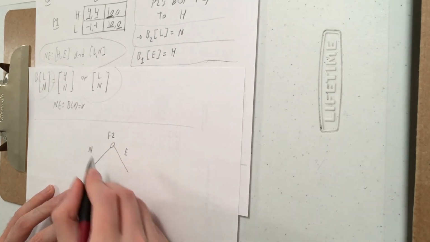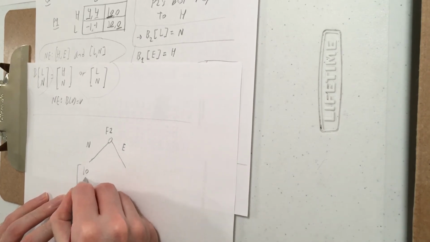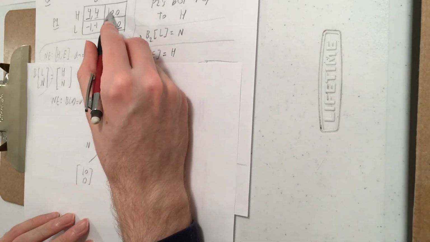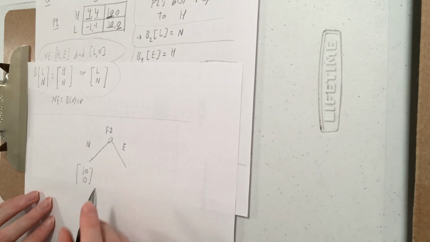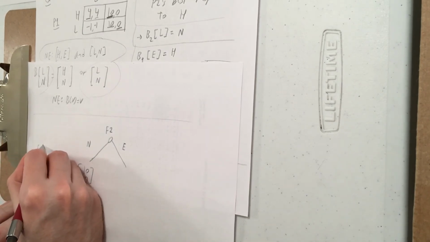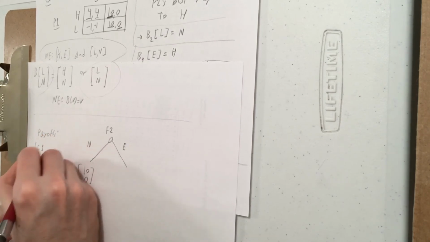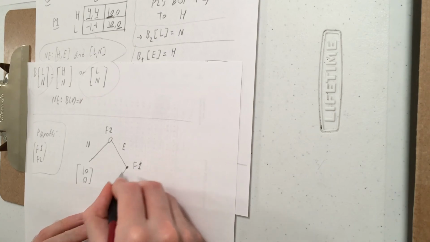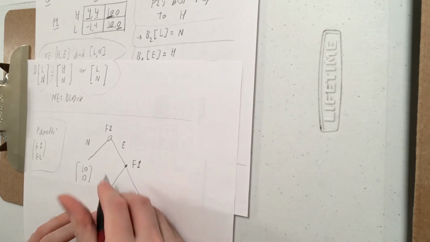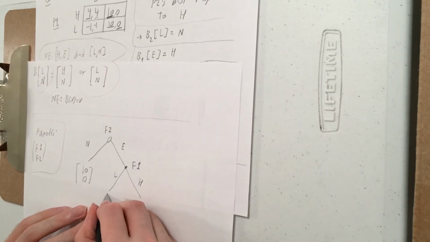I'm calling not enter N, and I'm calling enter E. If they don't enter, then firm 1, player 1, gets the monopoly profits of 10. So payoffs are firm 1, firm 2. If they do enter, firm 1 then decides if they want to charge a low price, L, or a high price, H.